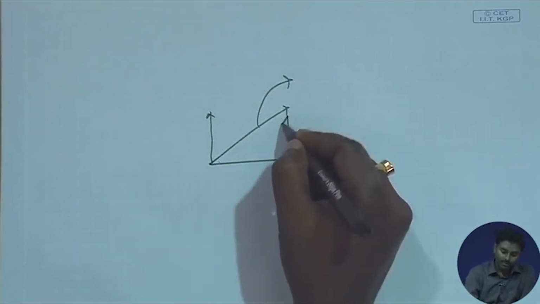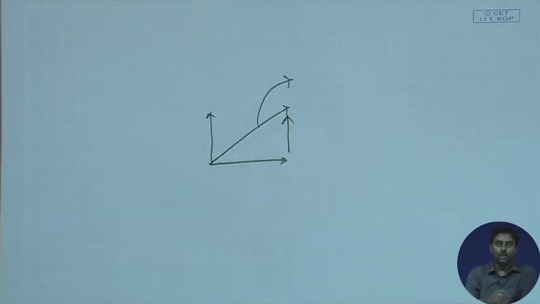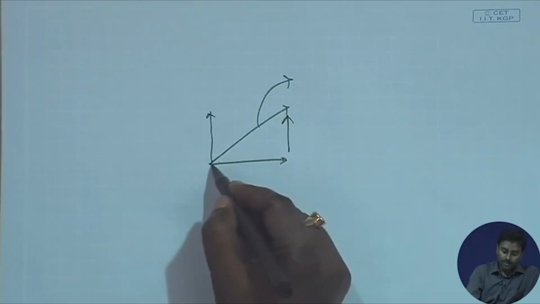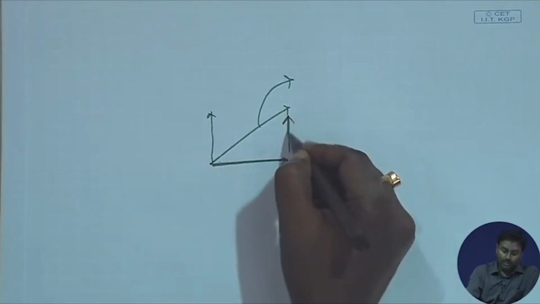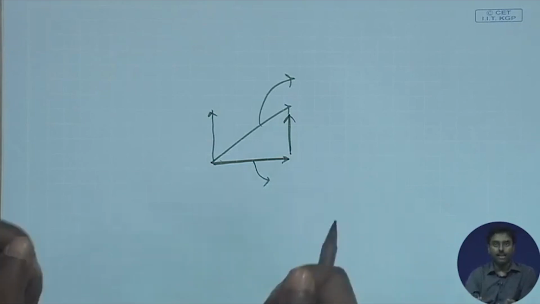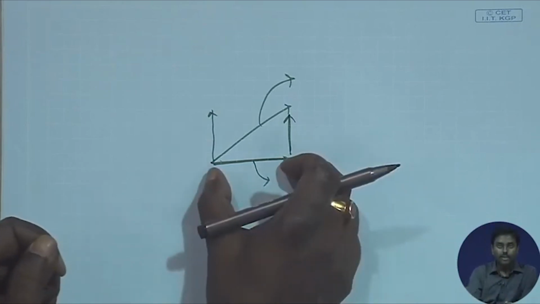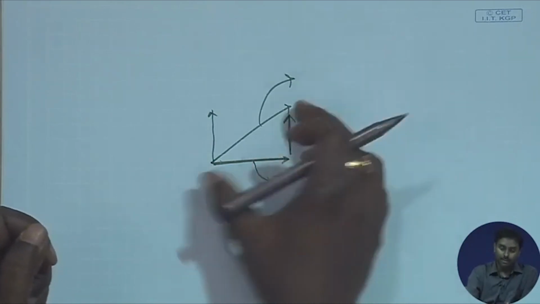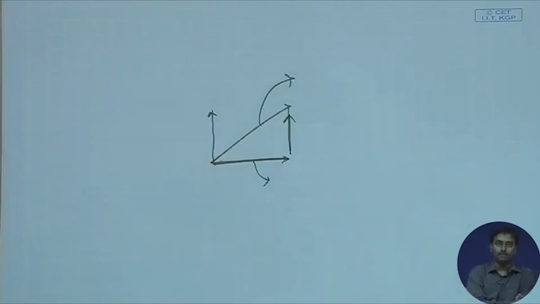Through Pythagoras theorem we know, because these two are orthogonal, it must be this square plus this square, and this square is actually the strength or measurement of that vector. So the measurement of this vector plus the measurement of this vector must be the measurement of this vector, as long as the measurement is distance square.